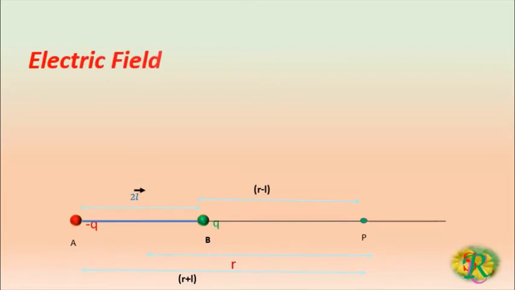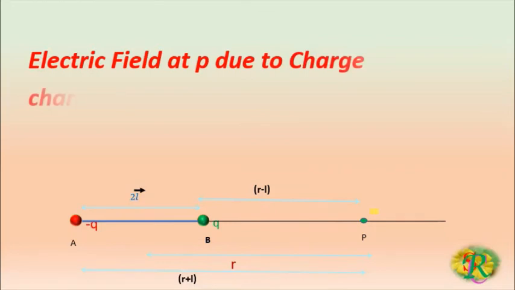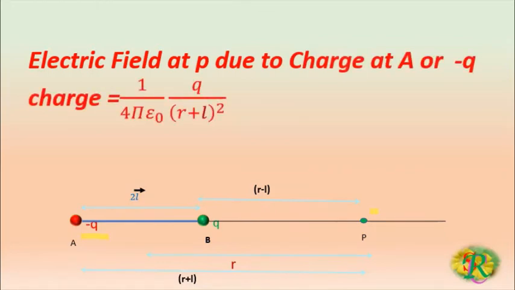The electric field intensity at P due to charge at A, that is the negative charge Q, is given by the equation 1 by 4 pi epsilon 0 Q by (r plus L) the whole square, and it is represented by the vector EA. It is pointing towards the dipole.